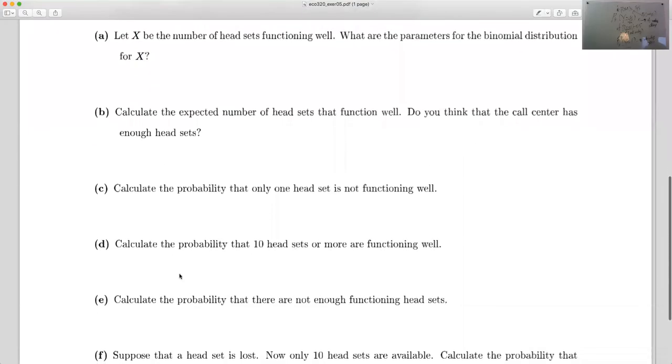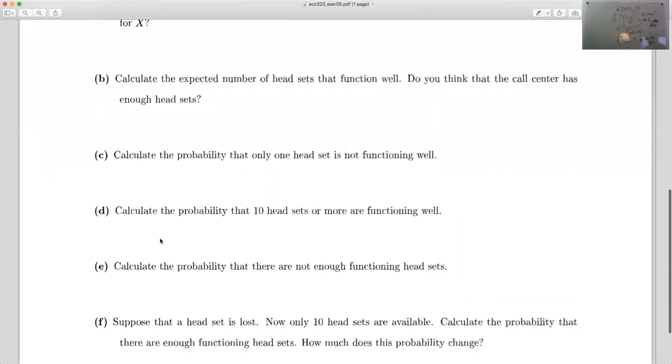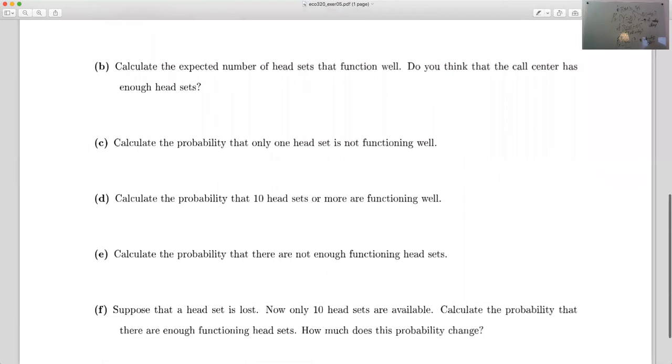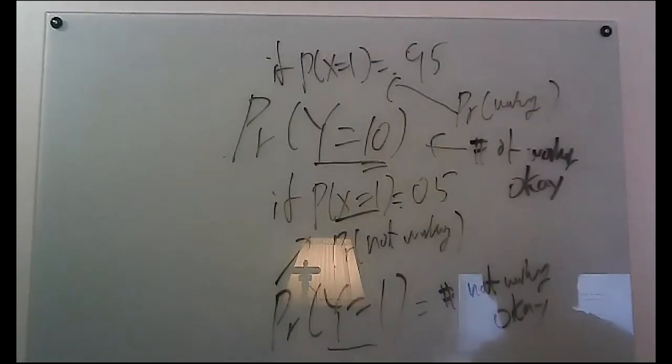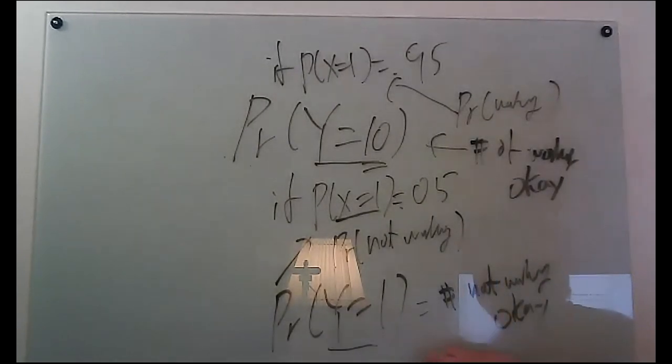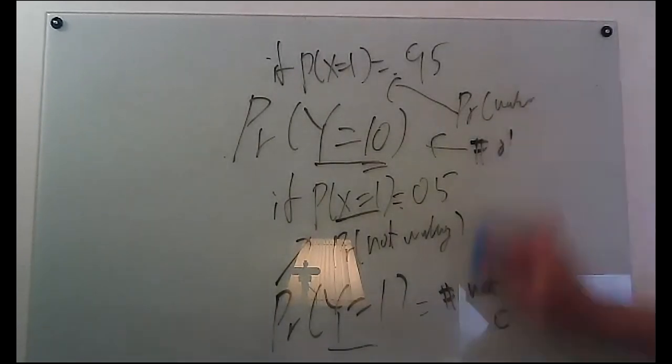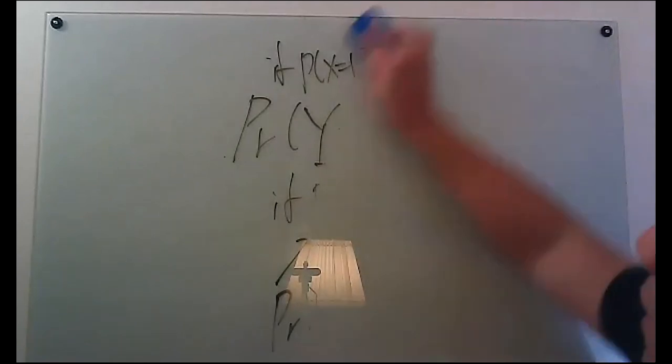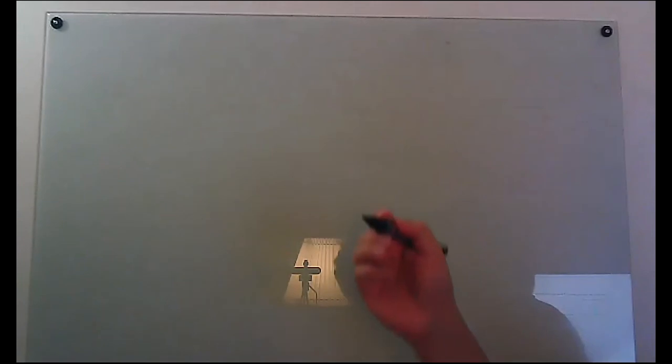Question D is: calculate the probability that 10 headsets or more are functioning well. You can think intuitively. I'm asking for the probability that 10 or more headsets are working well.